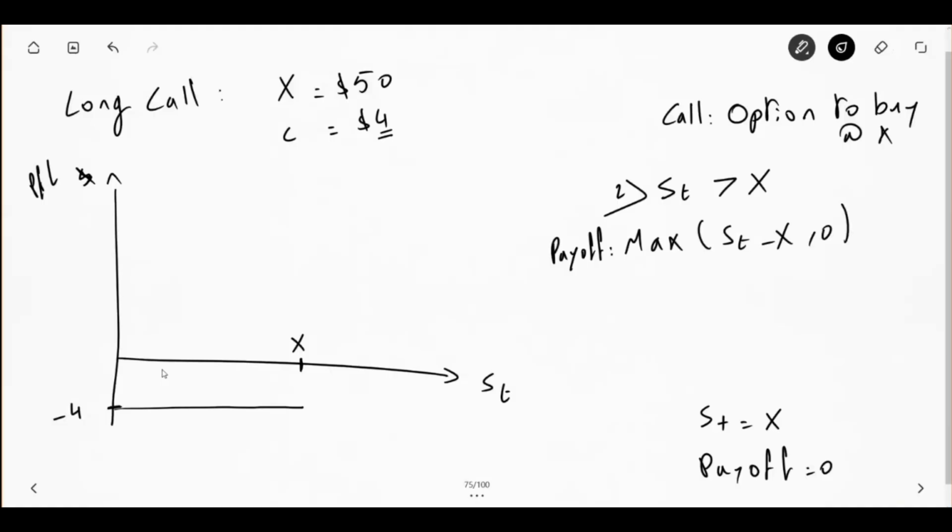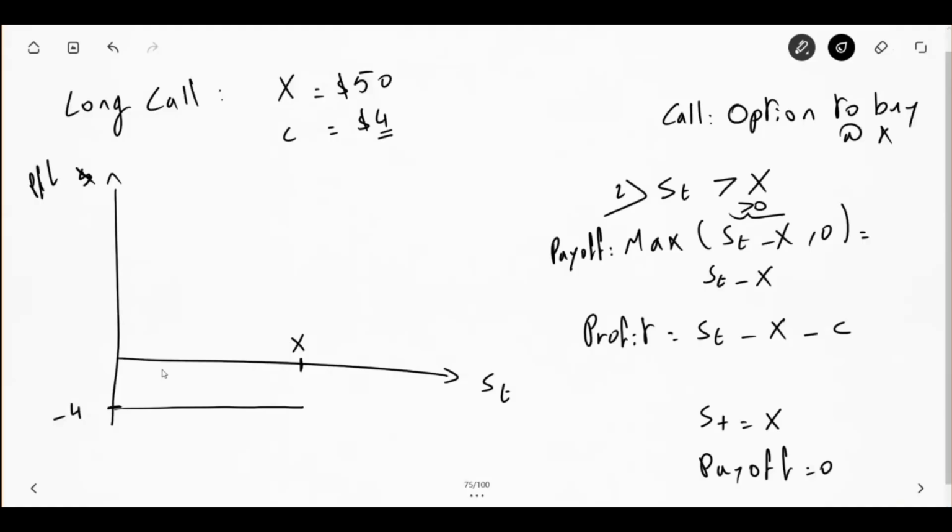Because ST is greater than X, this value here is greater than 0. Therefore, the payoff is going to be this positive difference, ST minus X. So at this point in time, there is going to be exercise. Now, the profit once there's an exercise is equal to ST minus X minus C, the call premium.